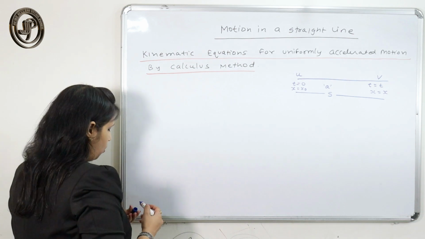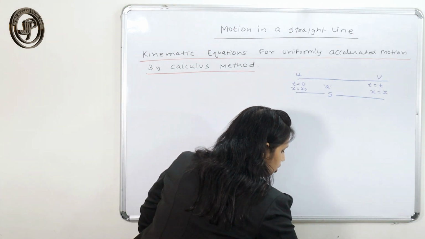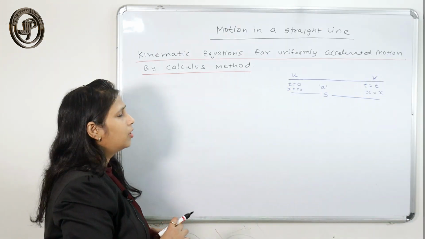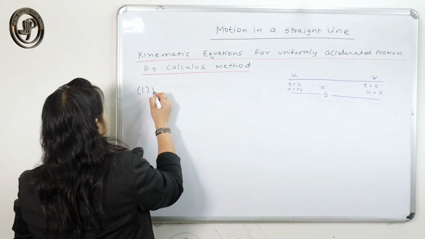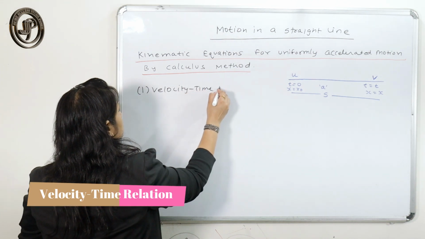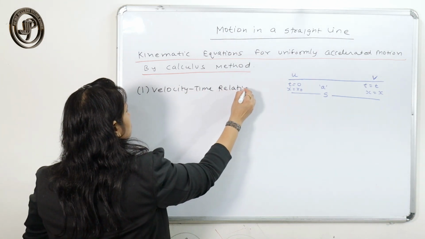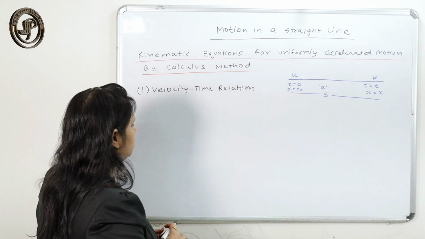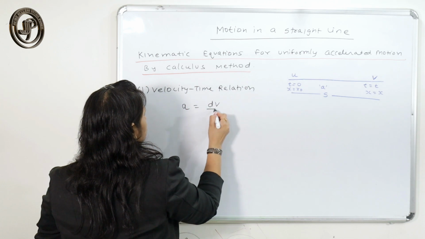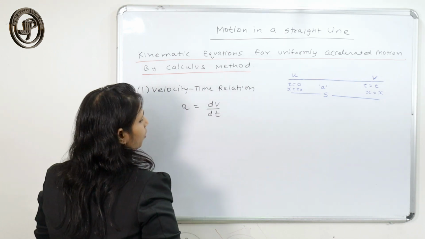Now I am going to start the derivation by the calculus method. I will start with the first equation of motion, that is the velocity-time relation. From the definition of instantaneous acceleration, we know acceleration is the rate of change of velocity.